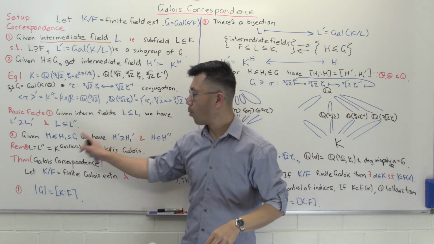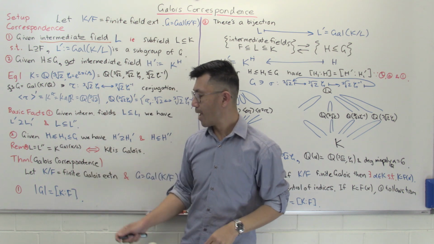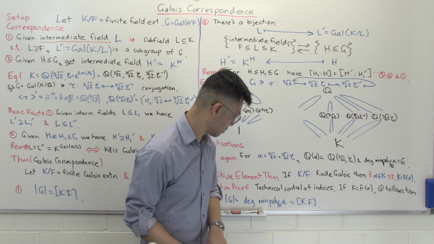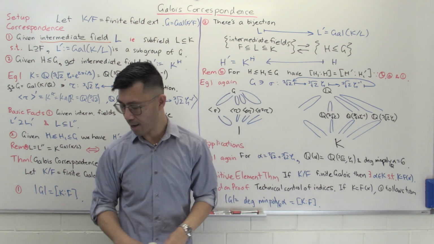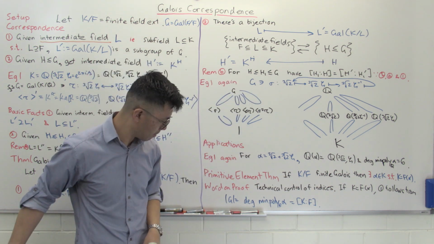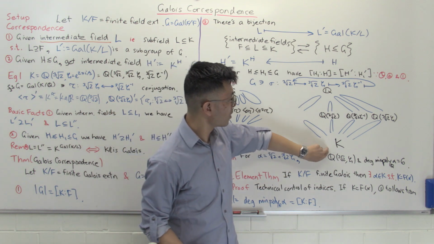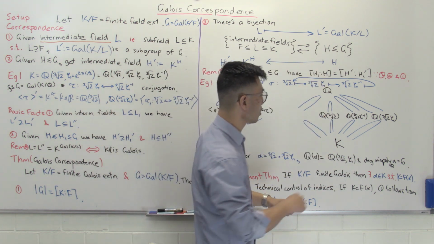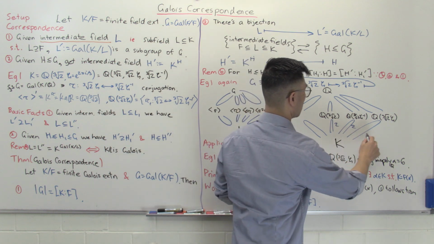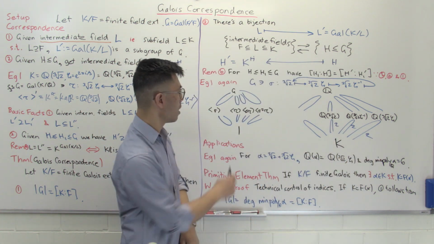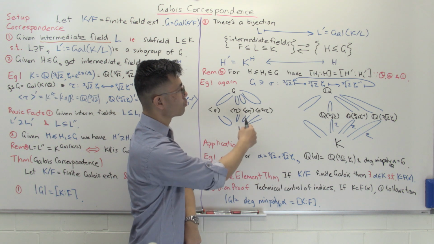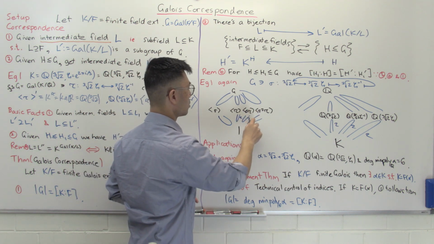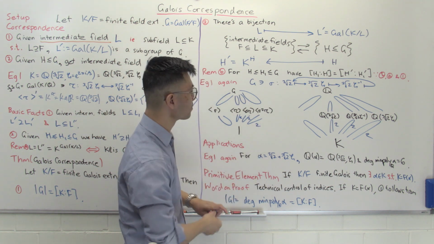So you can apply part 1 to them, and you can look at what are the indices of this over this. So maybe I'll put the indices in there in blue. So this over this is index 3 here, and this is index 2, 2, 2. And the indices of these as the groups, that's the order of the group, so that's 2, 2, 2, and they also match up.